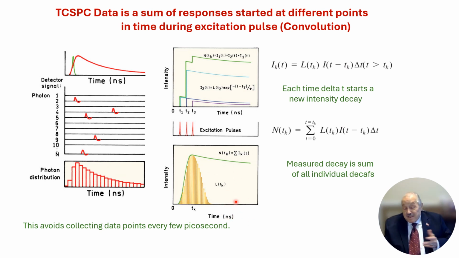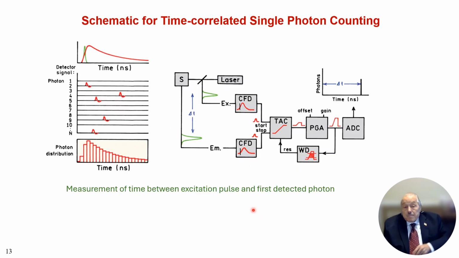Let's say the pulse is a nanosecond wide. You measure it at 10 or 15 different places. So your intensity decay is actually a sum of intensity decays with amplitudes proportional to the intensity of the light at that point in time. So that's why we have this convolution problem.